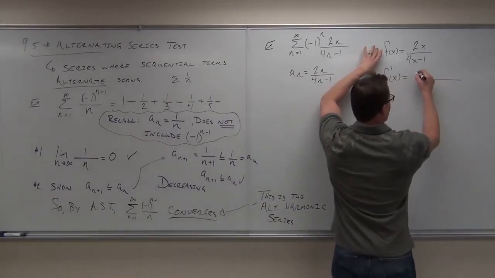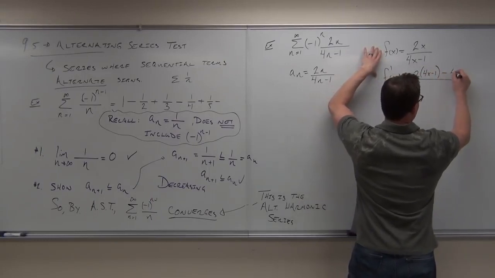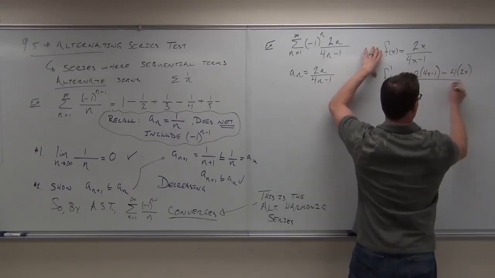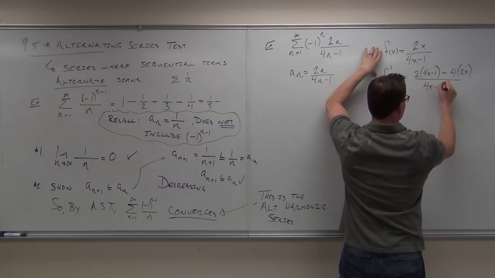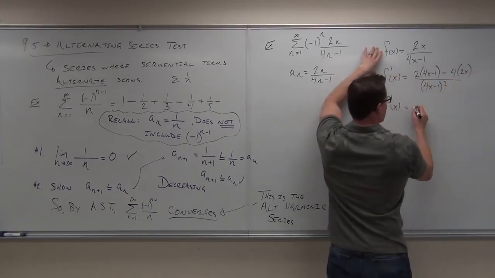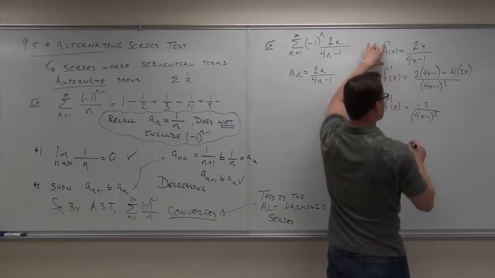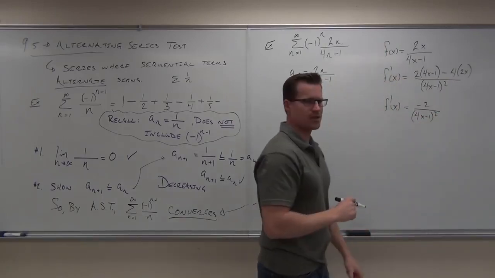It would be low d high minus high d low, and square the bottom. Away we go. I think if I did it right, looks like I did. Did you get that too?